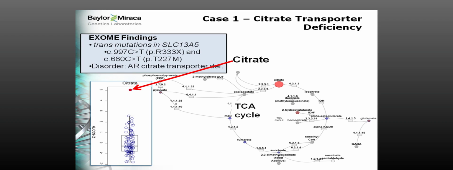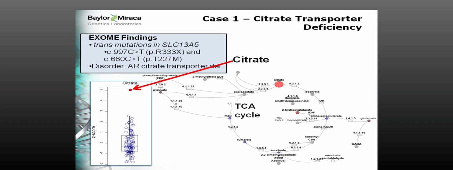And so what we did was we took plasma from this individual, did the metabolomic profiling, and you can see over on the right the TCA cycle and the level of citrate that's 5 standard deviations from the mean and far above what had been seen in the control population and the samples that we had run to date.